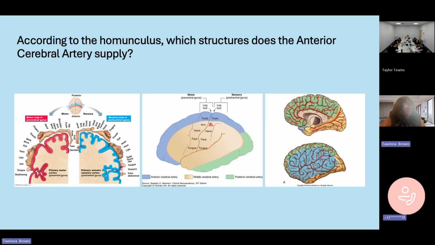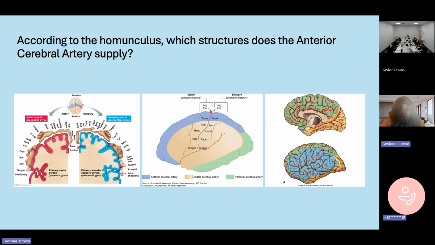If you go to this middle picture here, this is also somatotopically divided for you. Just like the homunculus here, it doesn't have the pictures, but it has the wording. So it has the central sulcus, the primary motor cortex for motor function, and the postcentral gyrus for sensory, or that primary somatosensory region.